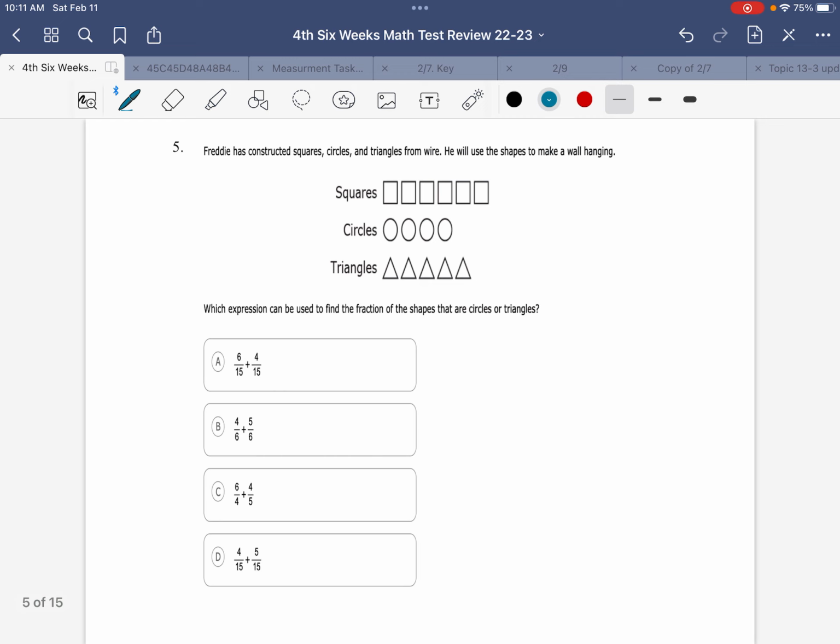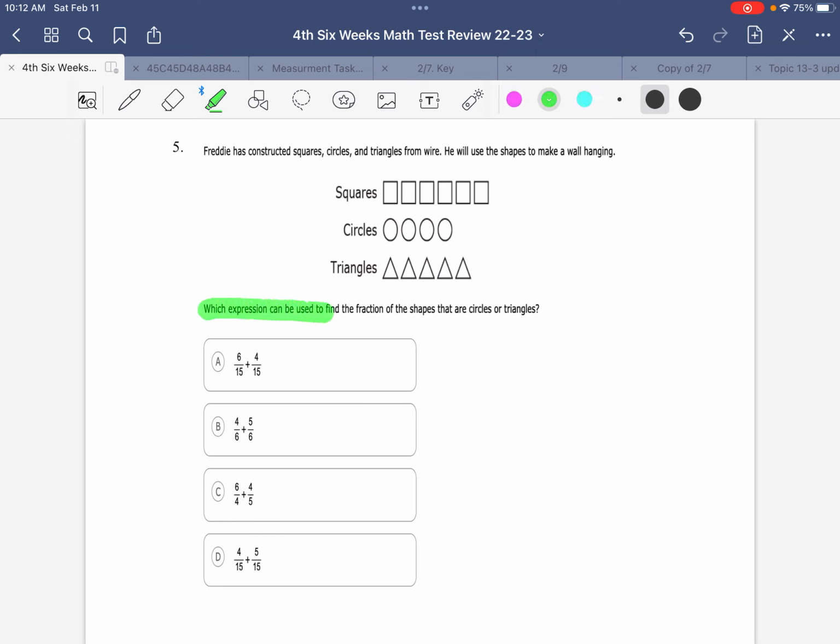Next one, it says Freddie has constructed squares, circles, and triangles from wire. He will use the shapes to make a wall hanging. Which expression can be used to find the fractions of the shapes that are circles or triangles? Okay, so I'm going to do my cubes. I don't have any important numbers, but I do have a question.